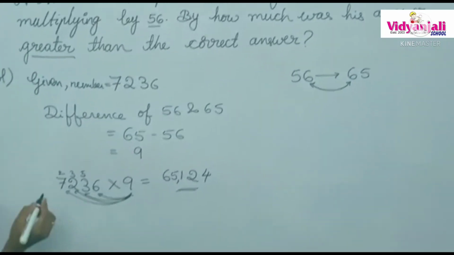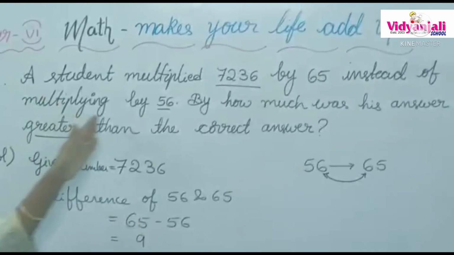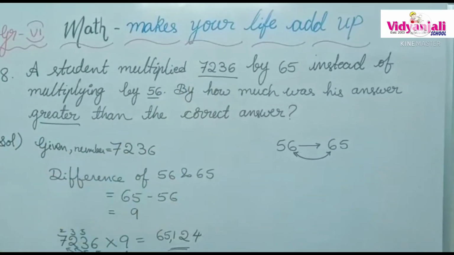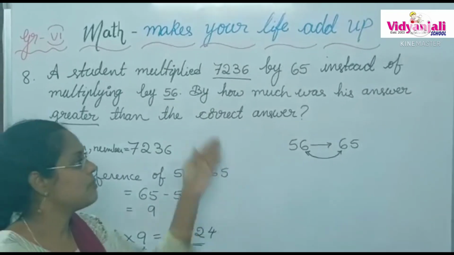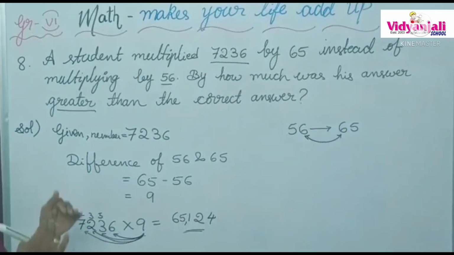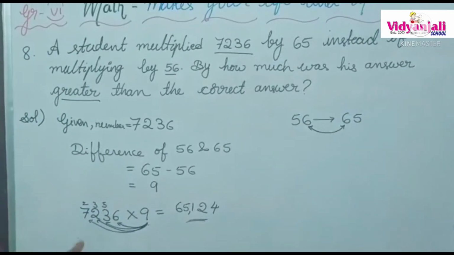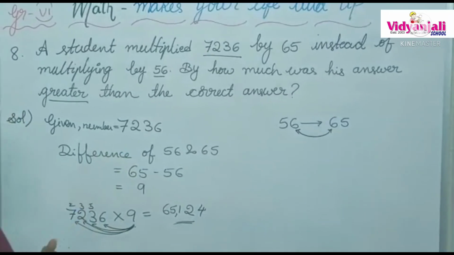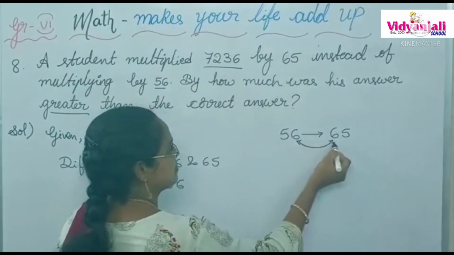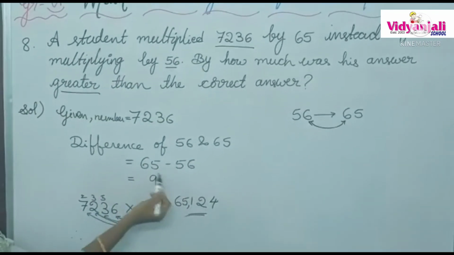Is it clear, children? Once again I am telling you, actually the student needs to multiply 7,236 with 56, but he multiplied with 65. So we got a wrong answer, greater than the correct answer. How much more did we get than the correct answer? In such cases, we take the difference between the correct number and the wrong number. The difference is 9.